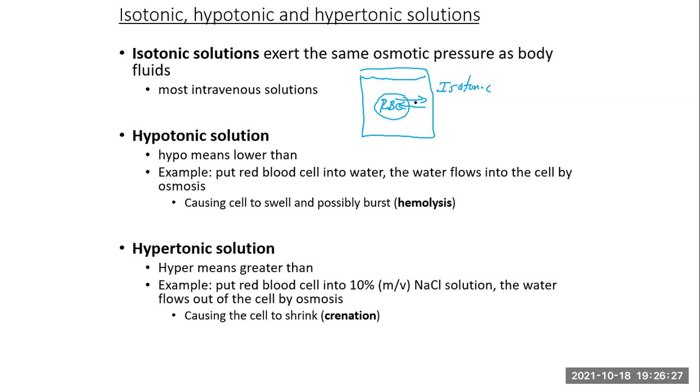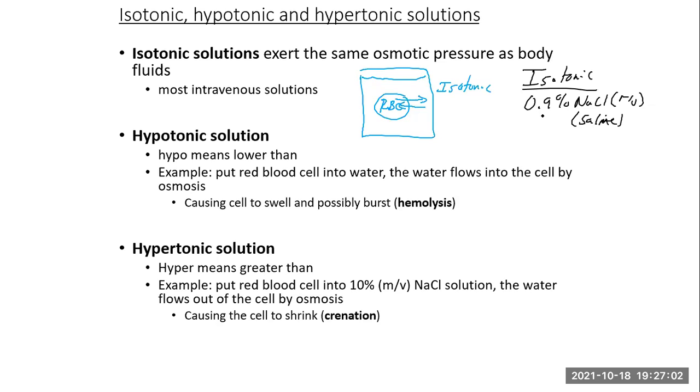It should be okay. What is considered an isotonic solution? A solution that is 0.9% sodium chloride by mass per volume is isotonic. That is sometimes also referred to as a saline solution. It doesn't necessarily have to be sodium chloride.